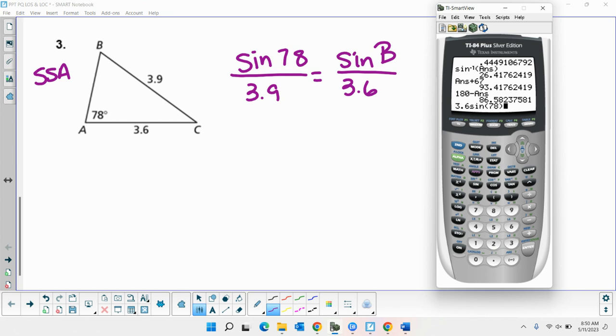Make sure you close up the parenthesis there after the 78. Divided by 3.9. All right. So when I find this second sine, second answer, if I get an error, I'm going to say no triangle. Okay. Second sine, second answer. I got an answer. So there is at least one triangle. And that's 64.5.